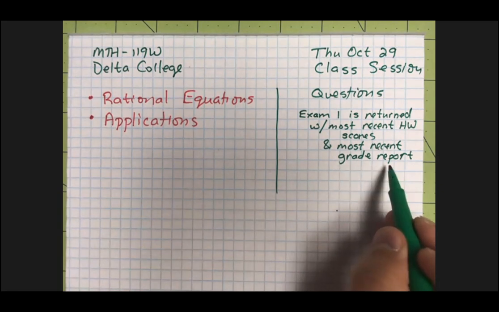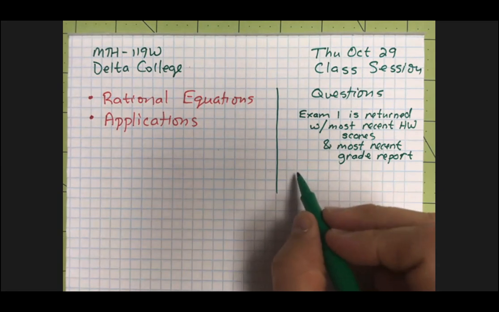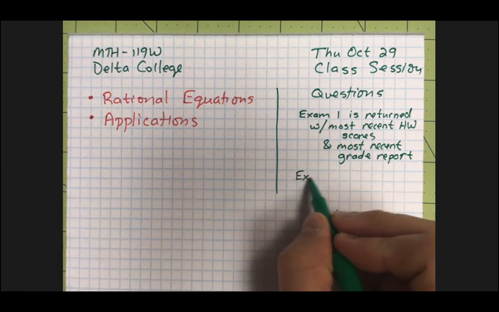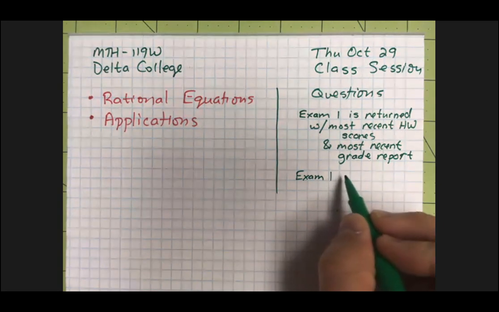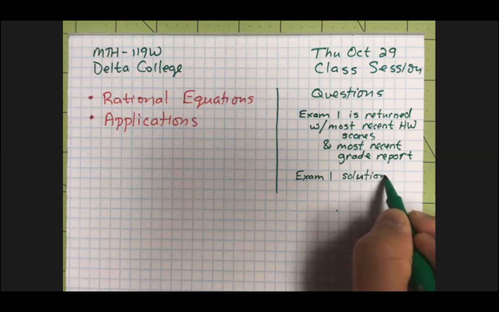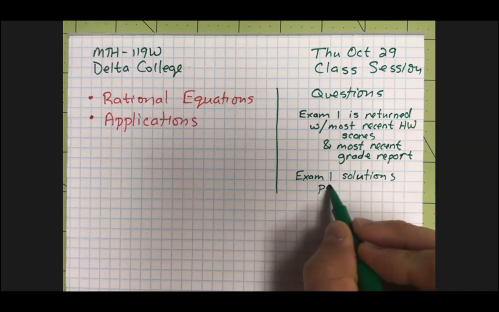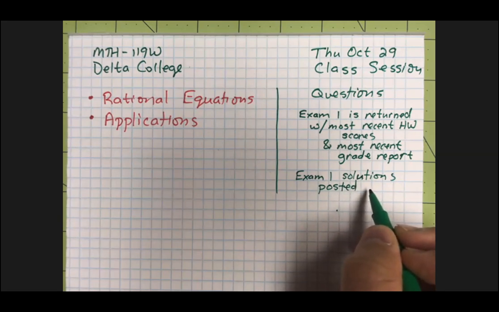So examine that. Look at the answers I posted to the test and see how you could do the problems if you got more or less points on a given problem. And I also said in the email that if you want to ask a question about how I graded anything, that's absolutely fine. I mean, that's only fair.